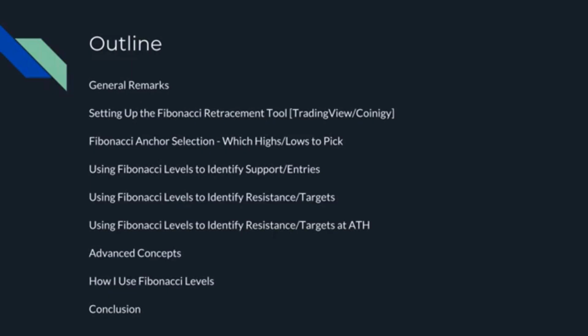And then once we've got those two things established, we will look at using these Fibonacci levels to identify support and resistance at all-time high, and then advanced concepts, which is really just one concept, but it sounds a lot cooler when you say advanced concepts, and then how I use the Fibonacci levels myself, and then we'll conclude.